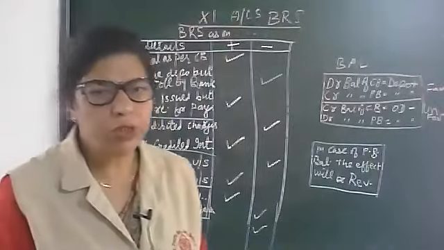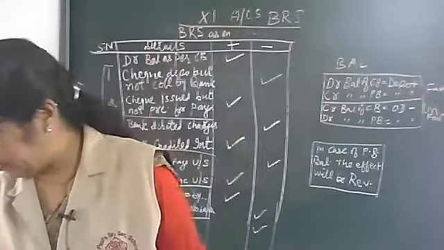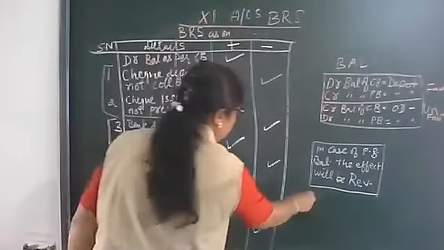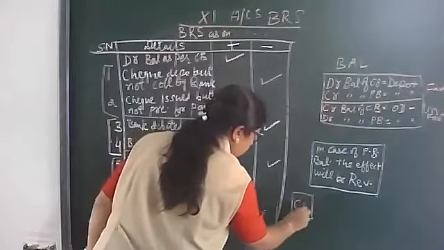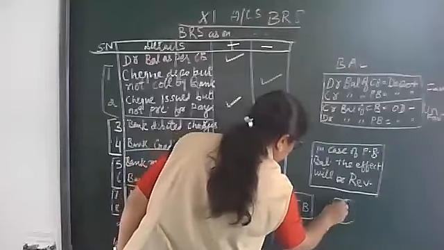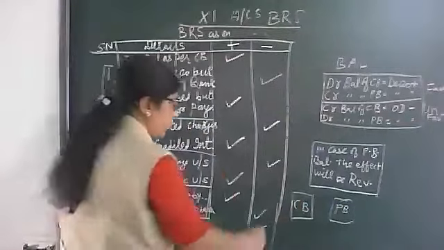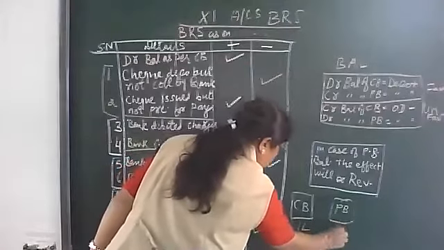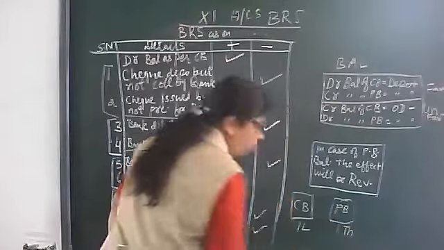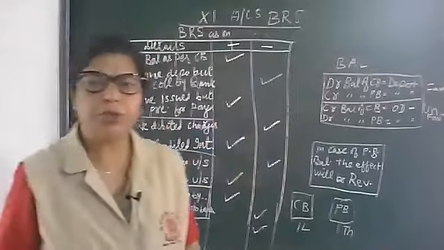So my dear children, as I gave you the example that my cash book and passbook are not matching, cash book is showing 1 lakh and passbook is showing 1000, then what should I do?